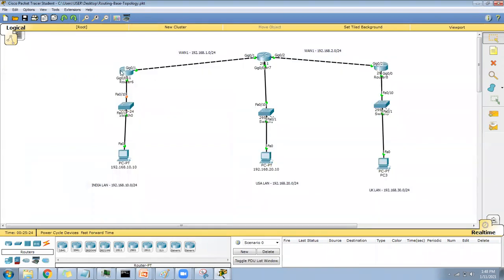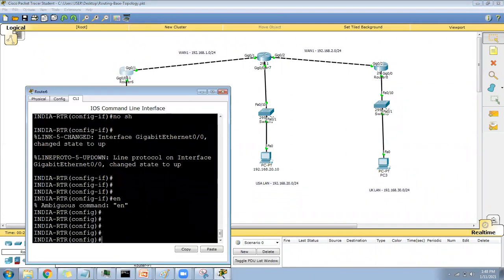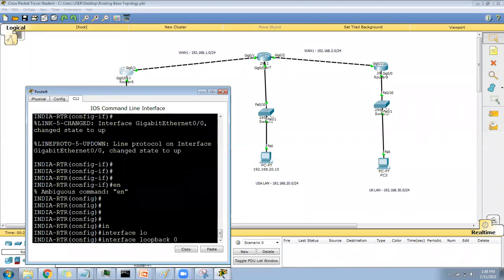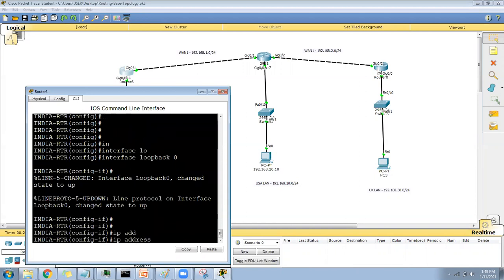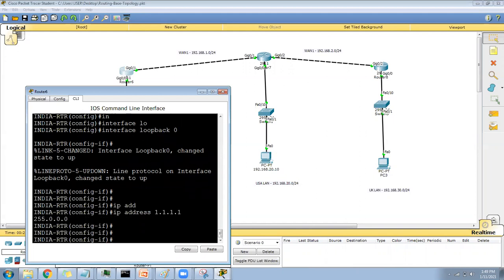Right now you have this network. So what I'm going to do in the India network is add one virtual network. How can I do that? Interface loopback 0. A loopback is a virtual network I'm adding. IP address 1.1.1.1 255.0.0.0. Okay, I created one loopback.